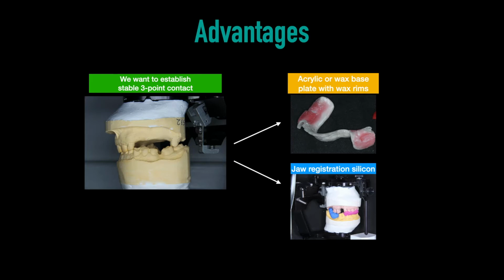We can either use an acrylic or wax base with wax rims, as you can see in the top right photograph, or we can use jaw registration silicone, and I use the combination Futar D and putty in the lower right photograph. If we use an intraoral scanner, we would eliminate this step. We would only ask the patient to bite, and we would scan the way they bite directly.